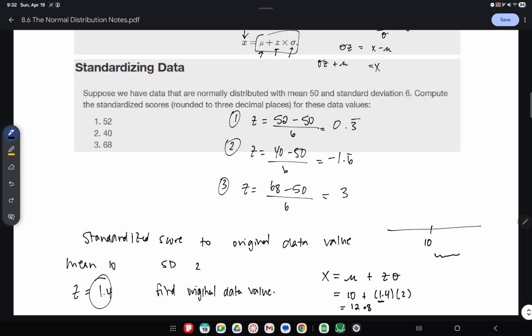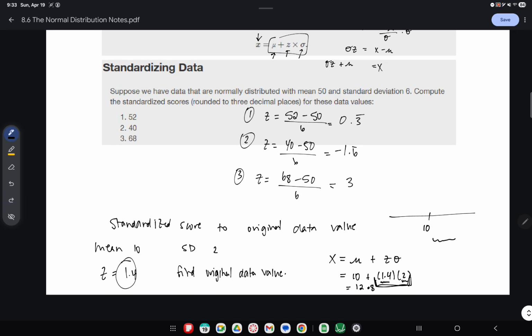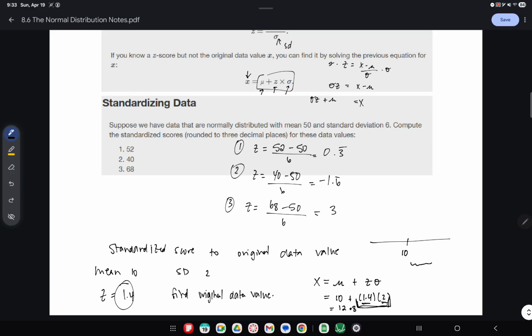So I can take that standardized score and multiply by the standard deviation. And that piece right here is actually the distance from the mean, to tell us how far to go above it. So it's kind of cool. So, all right, if you have any questions, let me know.